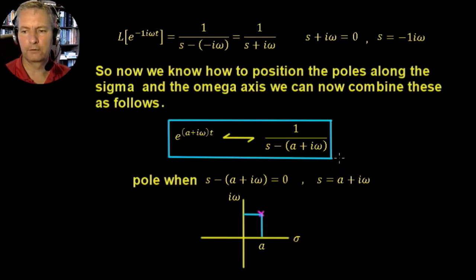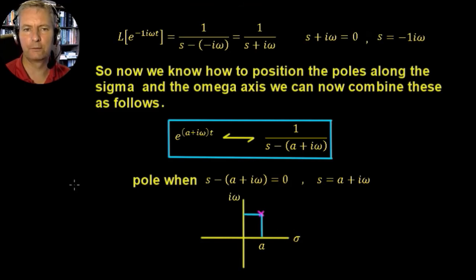If a is positive or negative, it will shift along the sigma axis, and we can position the pole dependent on the value of the I omega. If it is positive or negative, we can shift it up and down the I omega axis. So by choices of this a plus I omega, we can position this pole anywhere within that complex plane.